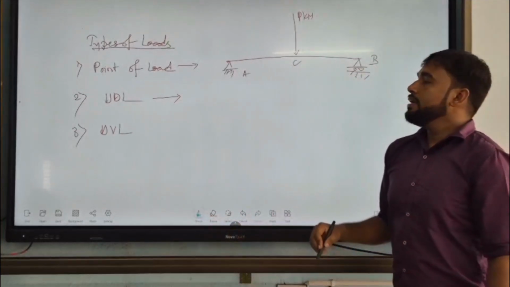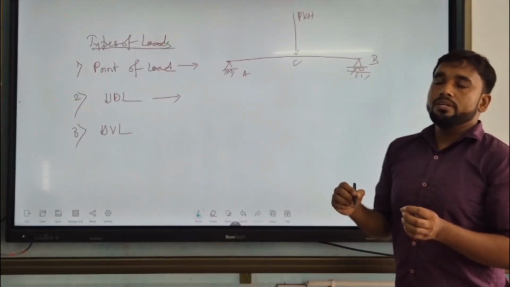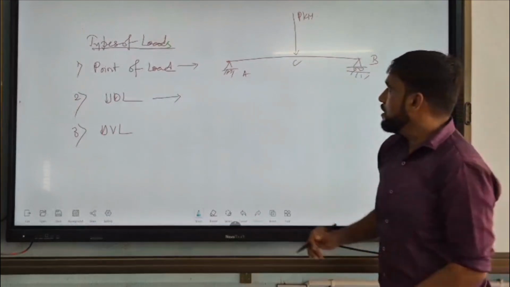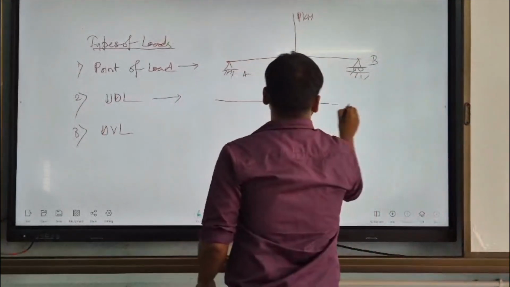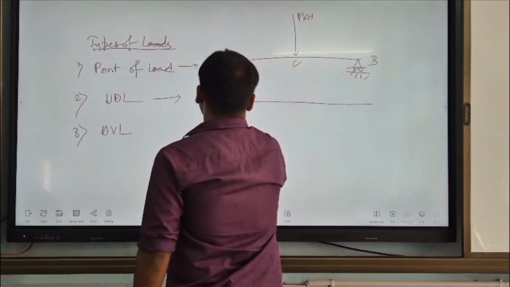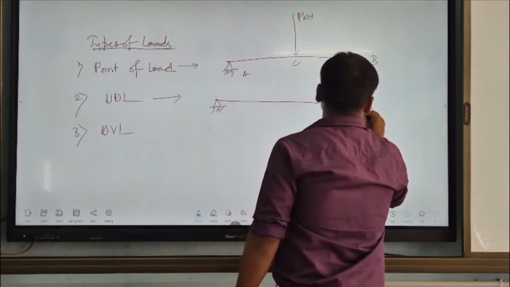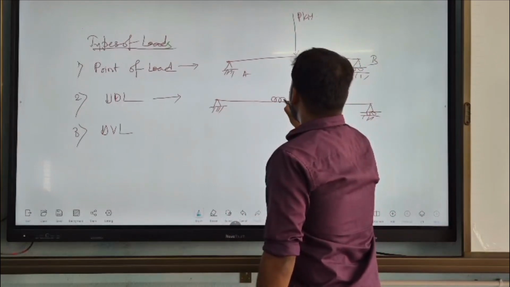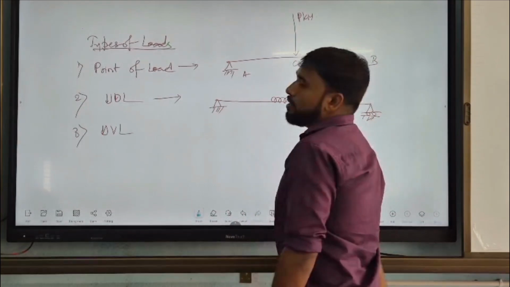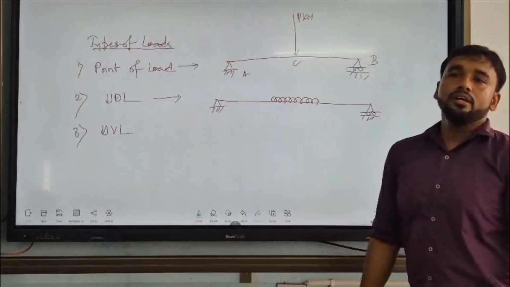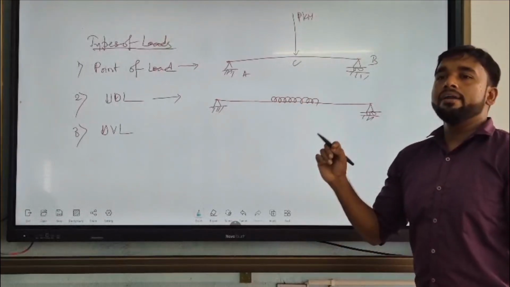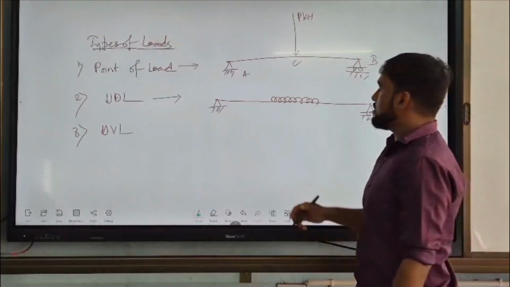Okay. And UDL, uniformly distributed load. A uniformly distributed load is distributed uniformly along a certain length or certain span of the beam. Suppose the same beam, simply supported. A UDL is indicated by its value per unit length.